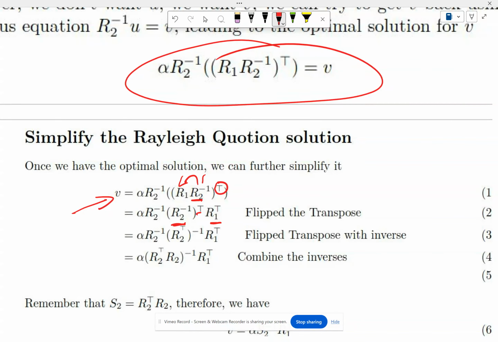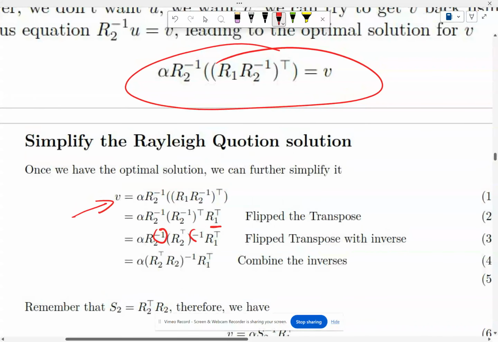That's one of the properties of linear algebra. And now notice this is -1 on both of them. Well, this means that you could flip the 2. All of these requires you to know the properties of linear algebra, of when you flip inverse and when you flip transpose. So assuming you know that, then you move the inverse outside of a bracket. Once you move this outside bracket, R2 transpose R2.